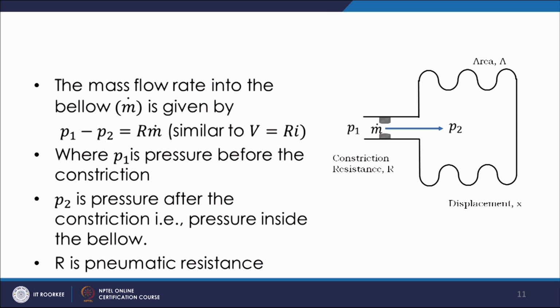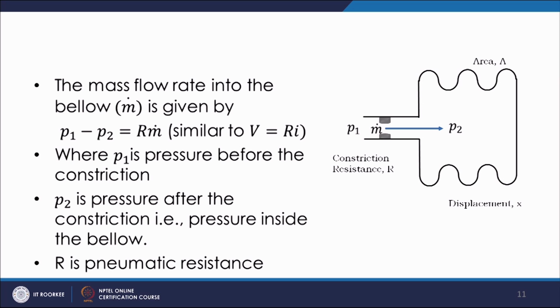The constriction can be modeled just like a resistance in an electrical circuit. So the pressure drop P1 minus P2 will be equal to R into m dot. This is the mass flow rate into the bellow, and as I said it is very similar to V is equal to Ri.